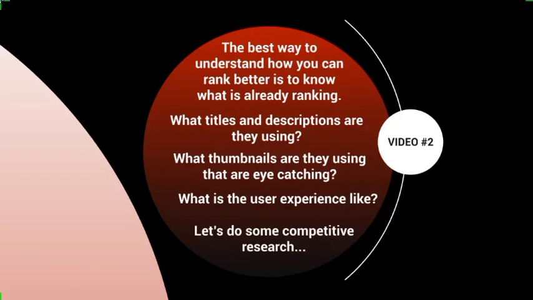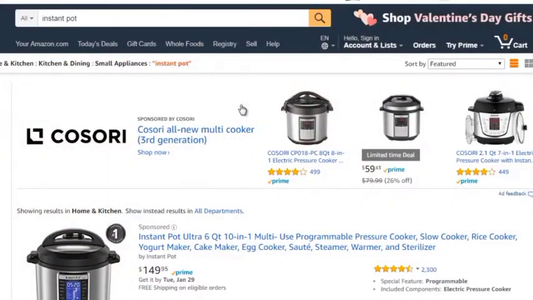So let's go ahead and do some competitive research. For the sake of making sure that we find YouTube videos that actually relate to promoting a product, what I want to do now is just pick a product out of the blue, and let's take a look at YouTube.